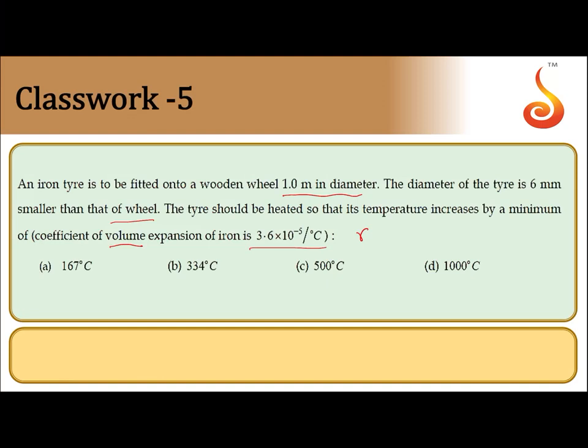Now what they have given is diameter is 6 mm less than the required, or diameter to be fitted is 1 meter. So 6 mm less means 6 mm less than 1 meter is the diameter.